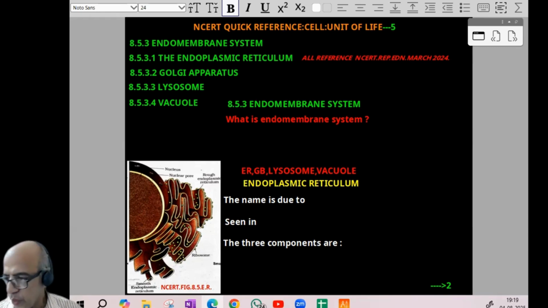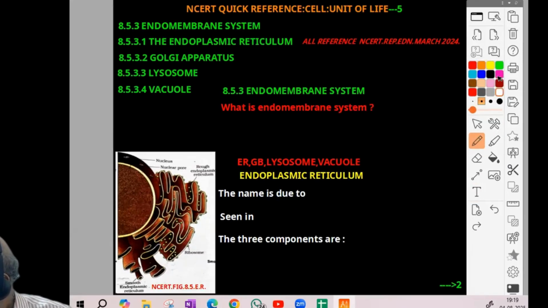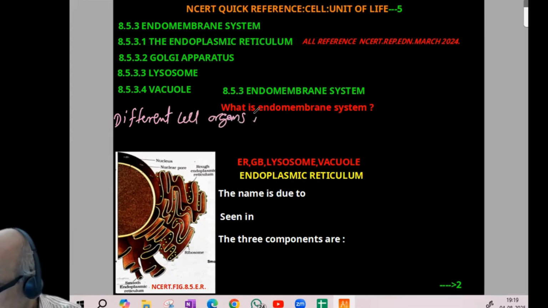Starting with the question, what is endomembrane system? When we try to define endomembrane system, we can find different cell organelles in the eukaryotic cell.